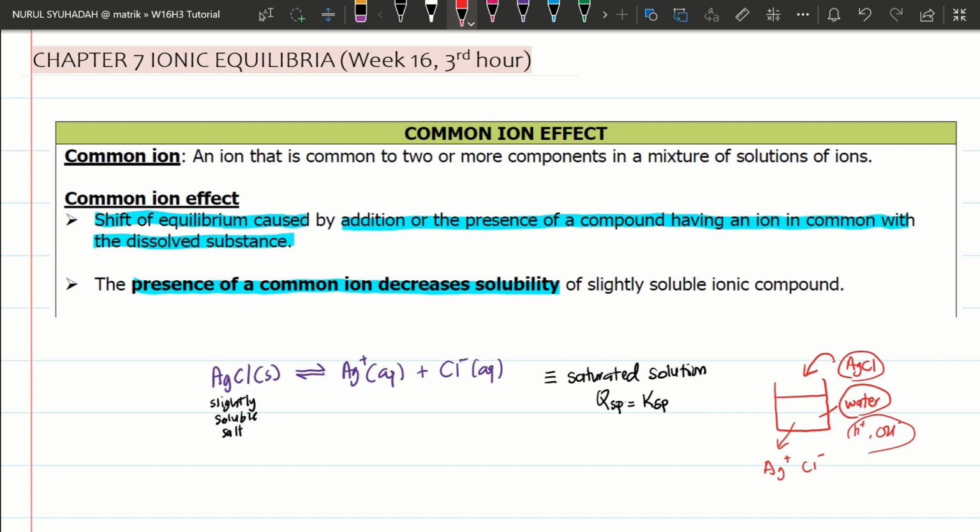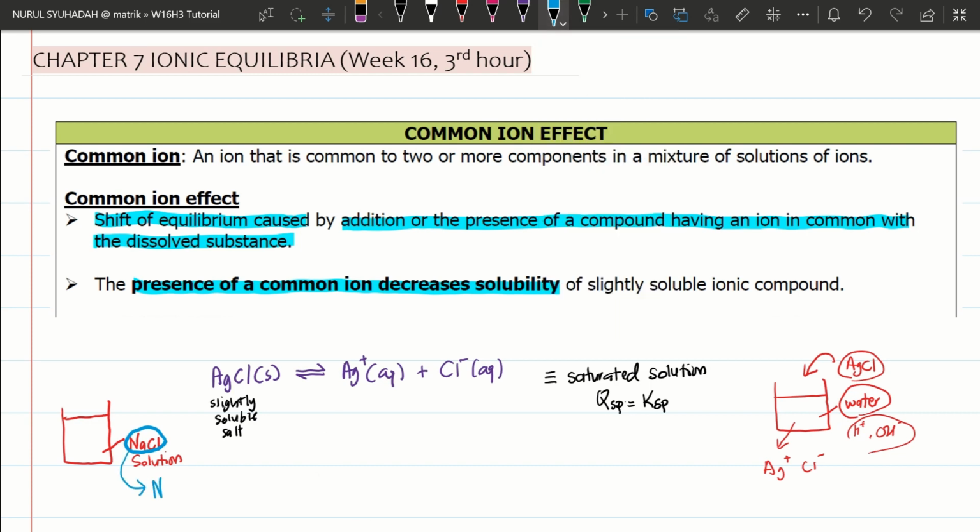Okay, now common ion. Common ion ni macam mana pula? Okay, awak tengok gambar dekat sebelah kiri pula. So common ion adalah example dalam satu bekas yang lain. Instead of water, saya dissolve dia, let's say saya dissolve dia dalam NaCl solution. Kalau NaCl solution, apa ion ini pun adalah garam juga. What type of ion do I have inside NaCl?